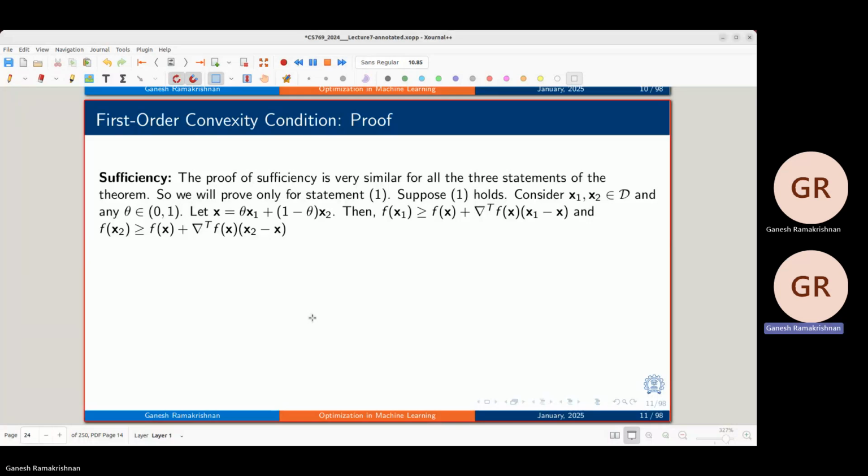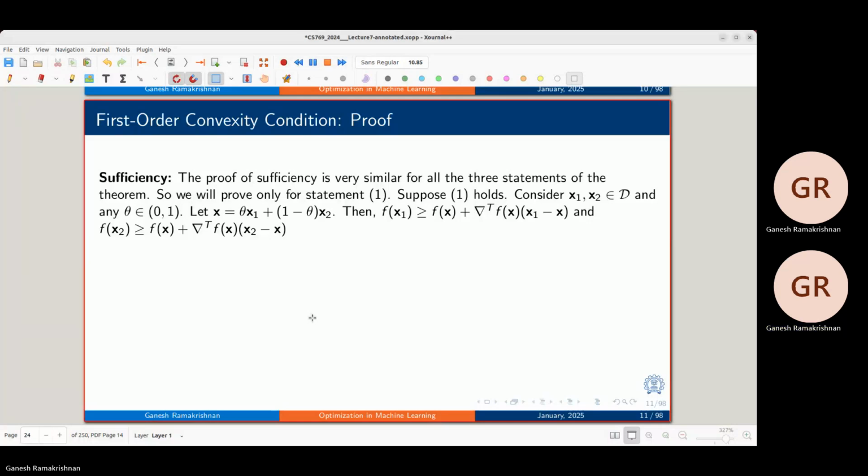The point x is considered to be theta x1 plus 1 minus theta x2. So you know that this inequality holds. If you take y to be x1, it should hold with x equals theta x1 plus 1 minus theta x2.